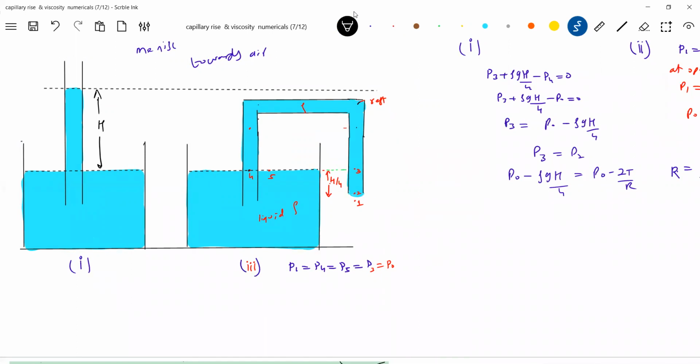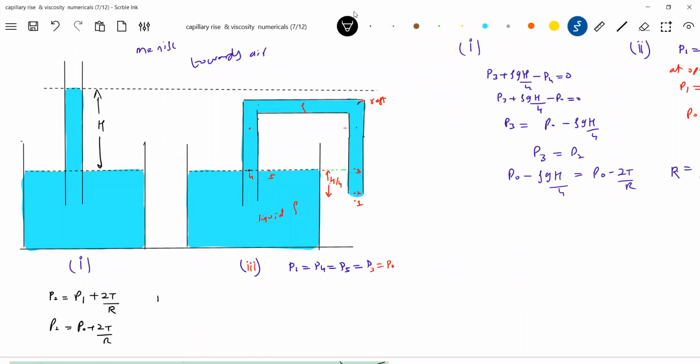Pressure at 2 should be equal to P1 plus 2T by radius of curvature. Some R, which may not be equal to that one. So some R it is. Pressure at 1 is P naught, so P naught plus 2T by R.